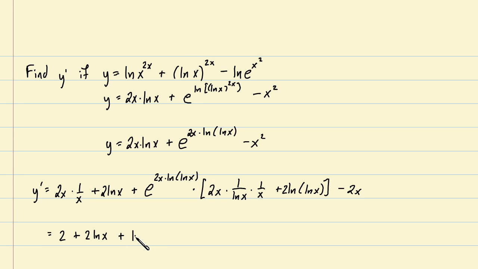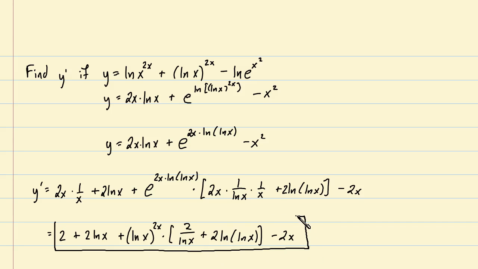So we have plus ln of x to the 2x times, and then we have to simplify what we see here. Again, some x's cancel there. So now we have 2 over ln of x, plus, and there's not much we can do with that, 2 times ln of x, and then minus 2x on the end. And that right there is our derivative. And we're done.